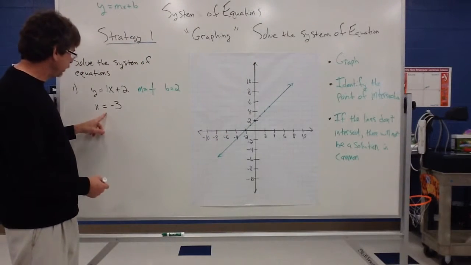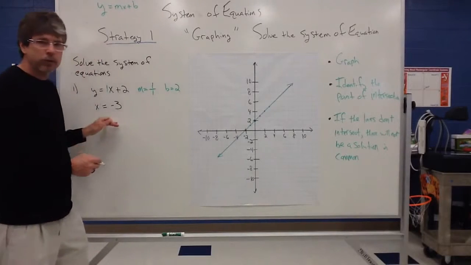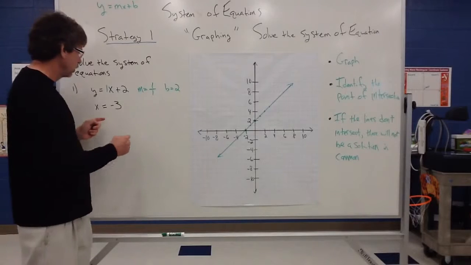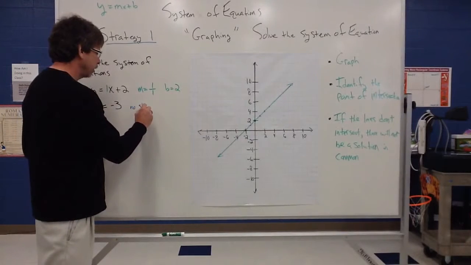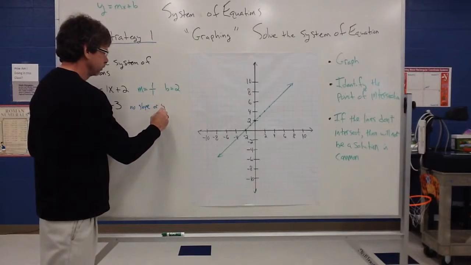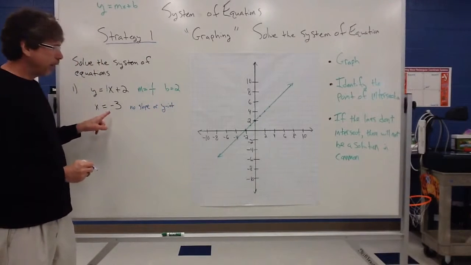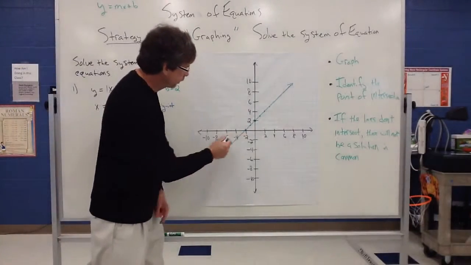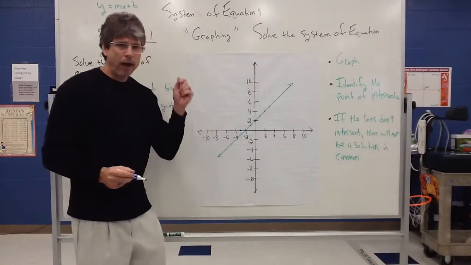The next equation we have is x equals -3. We recognize that this isn't actually in slope-intercept form. So remember, since this is not in slope-intercept form, this does not have a slope or y-intercept. So we pick up on x has to equal -3. That's locked in. So when we graph this, x has to equal -3, but the y can be whatever it wants.